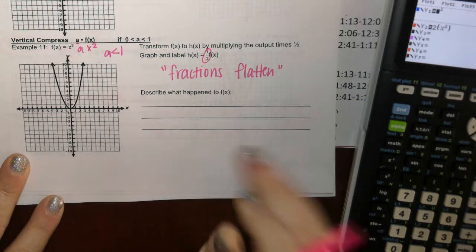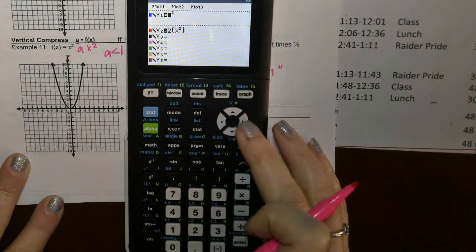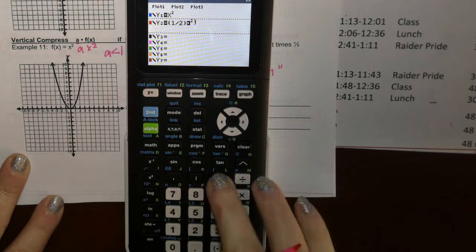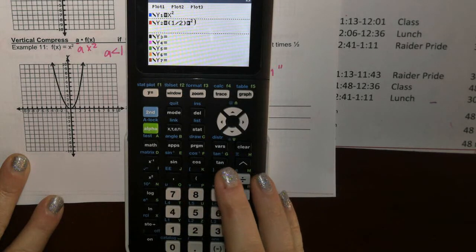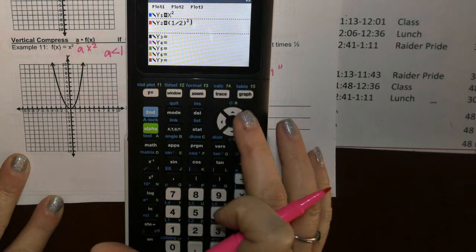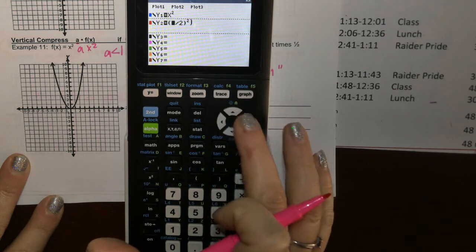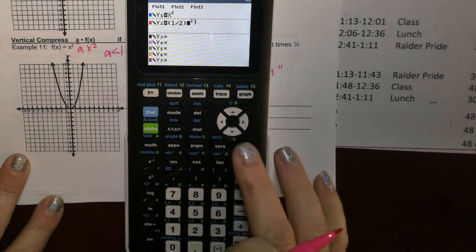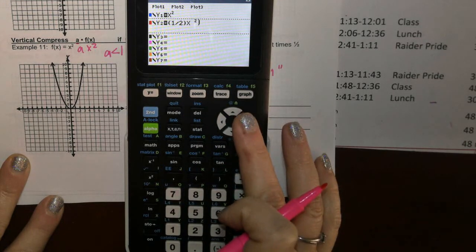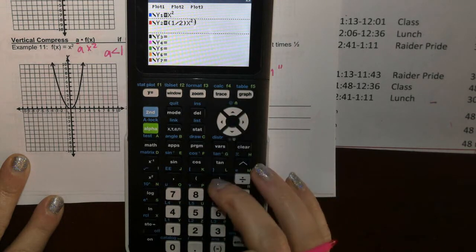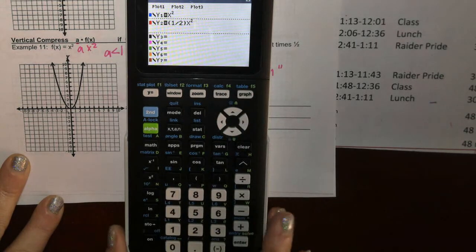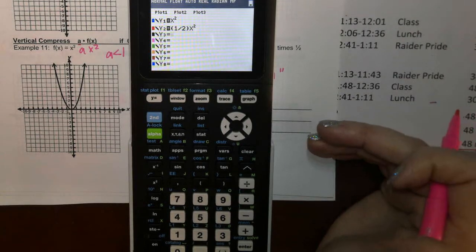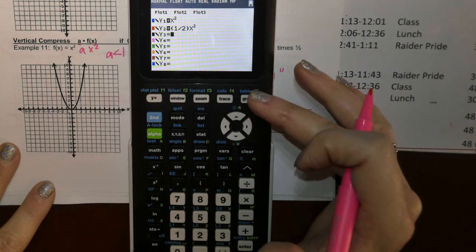Fractions flatten. Okay, so let's put this in here. 1 divided by 2, x squared. Okay, so 1/2 x squared. All right, you make sure you put your parentheses around that 1/2 so that that fraction stays together.